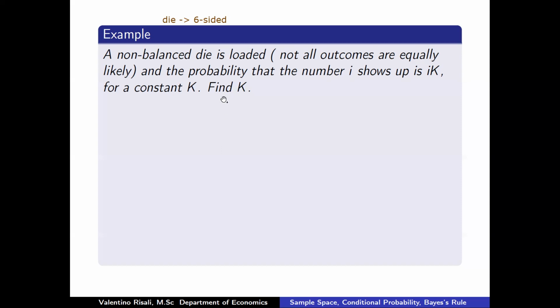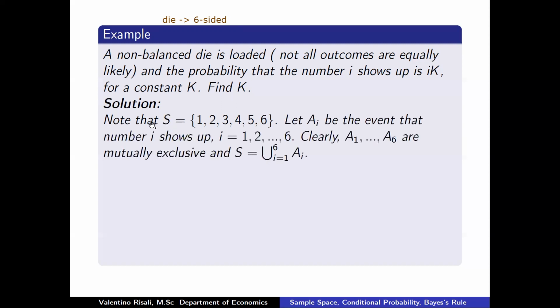To find the value of k, first of all, we must define an event, and also of course the sample space. The sample space is this set, and we will define the event Ai, that is the event that number i shows up.